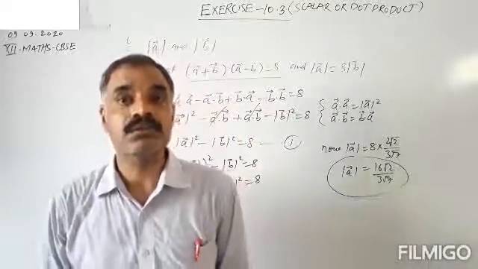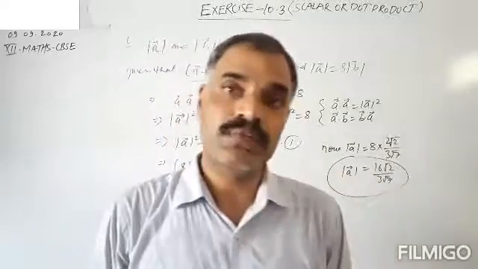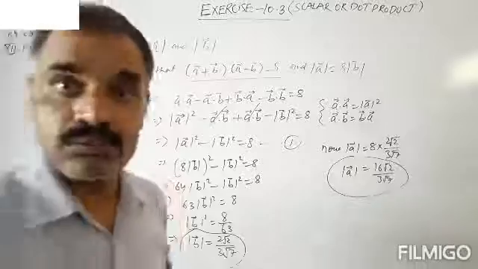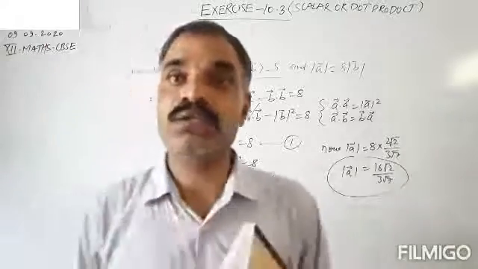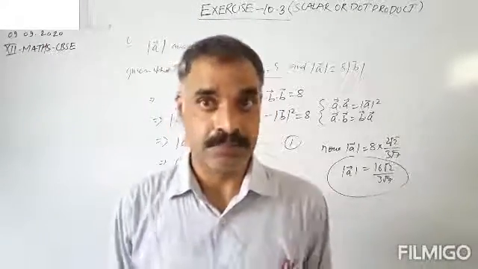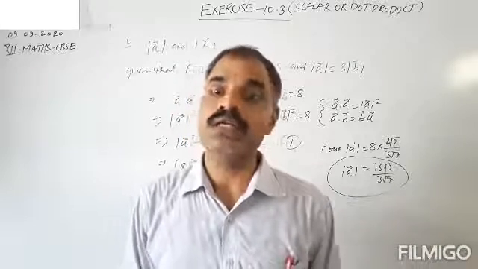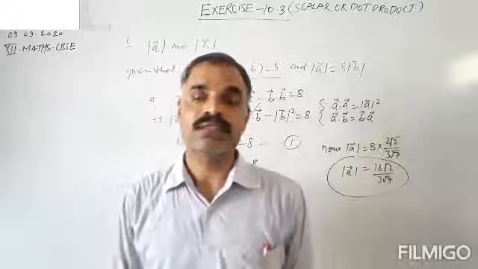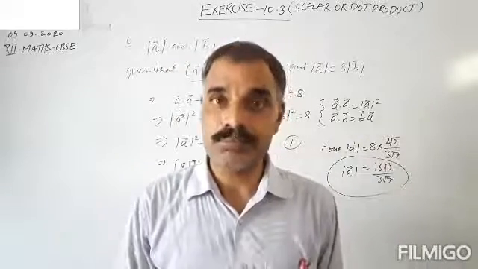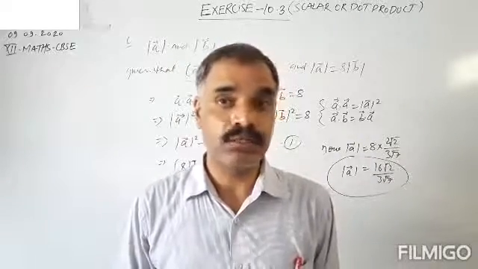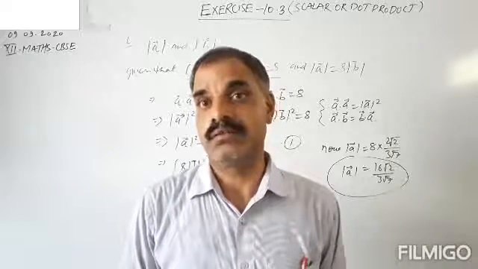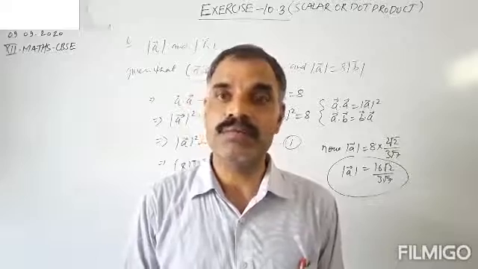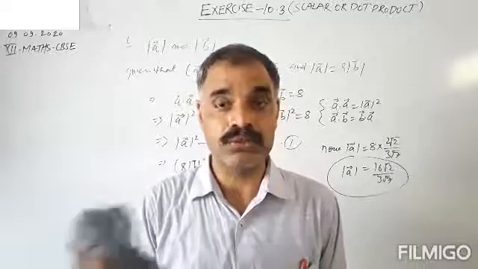So this was question number 6. Now let us take another question. We are solving the questions of exercise 10.3, and 10.3 is totally related to the dot product or the scalar product of two vectors, defined as A vector dot B vector equals magnitude of A vector, magnitude of B vector, cos of theta.